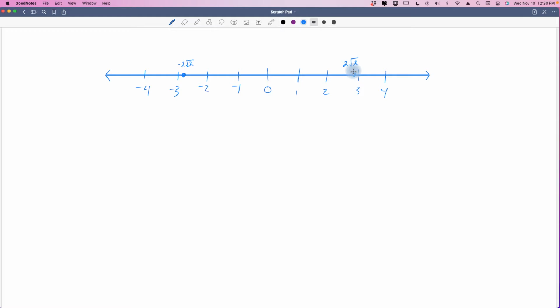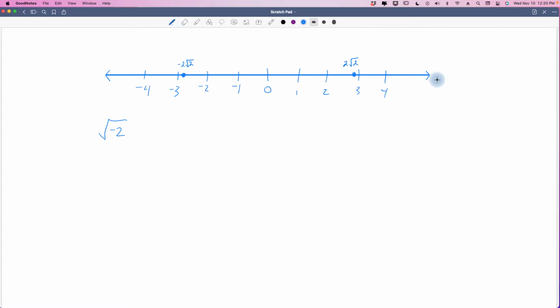Square roots of negative numbers, or numbers that have i as a factor, cannot be graphed on the number line. So if it were to have this inside, we can't put it on the number line. But as long as this is positive underneath this radical sign, it can go on the number line, okay?